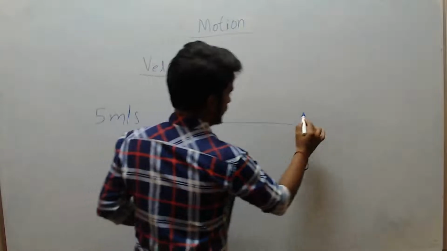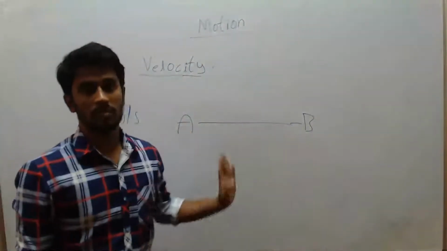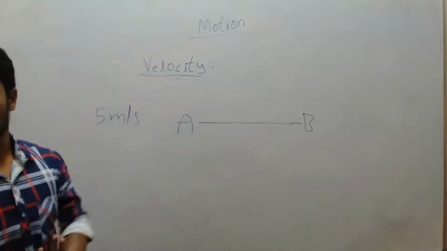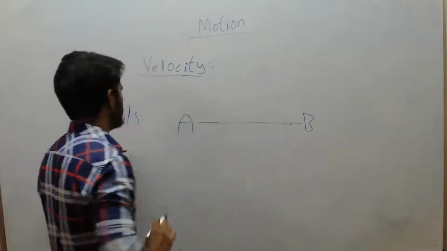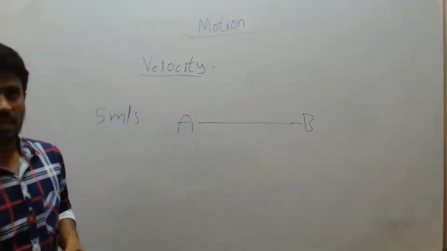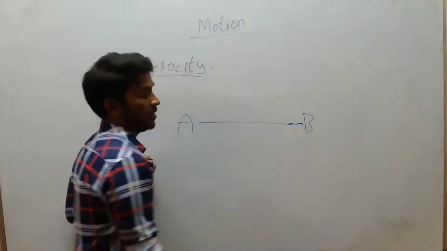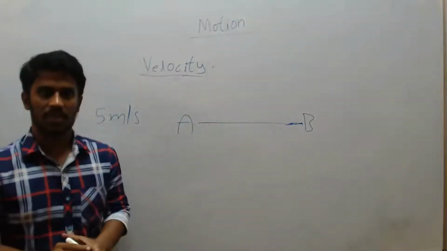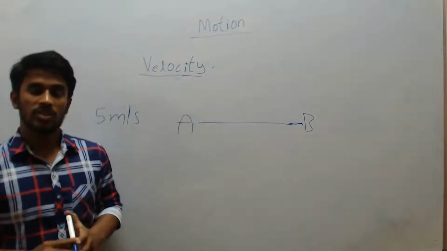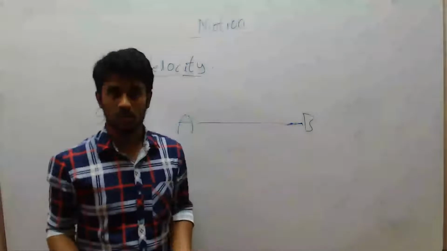I don't know whether that object traveled from A to B or B to A. I'm just saying the speed is 5 meter per second. If we say one object traveled from A to B with a speed of 5 meter per second, clearly we can say that after this journey the position of that object is at B. But if I just say speed is 5 meter per second, where is the position of the object? Whether it is A or B, we don't know.